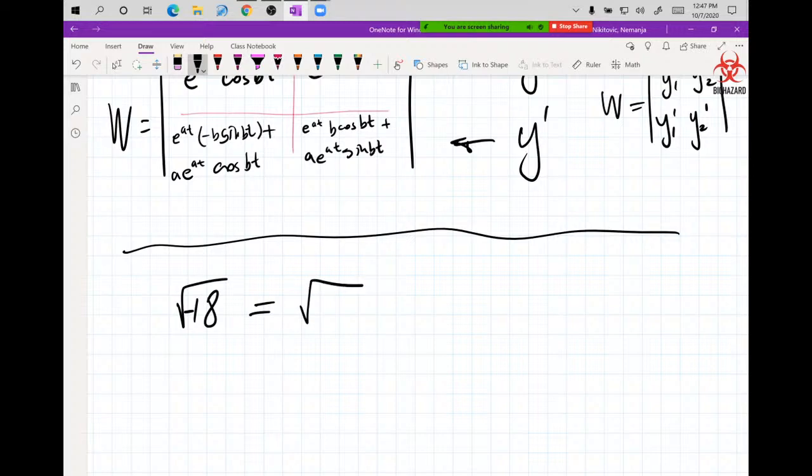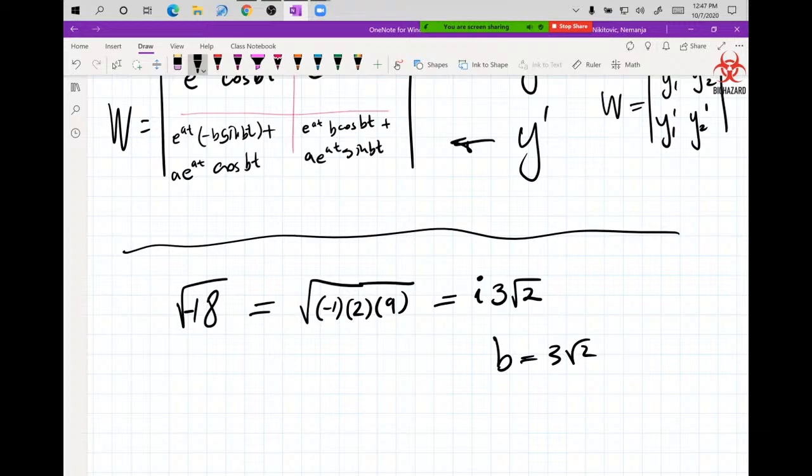Negative 18 is going to be square root of negative 1 times 2 times 9, and then negative 1 gives you i, 9 gives you 3, and root 2 stays there. And then your b is 3 root 2. Very good.